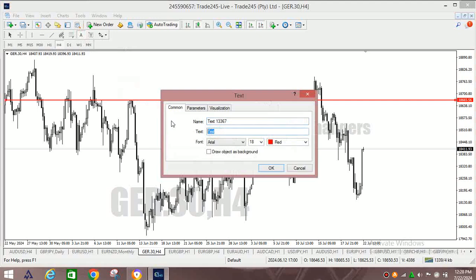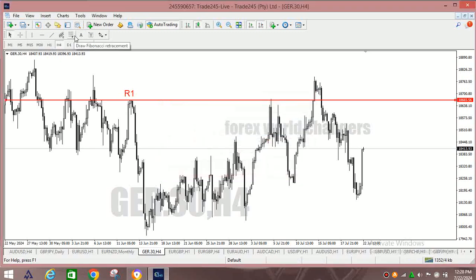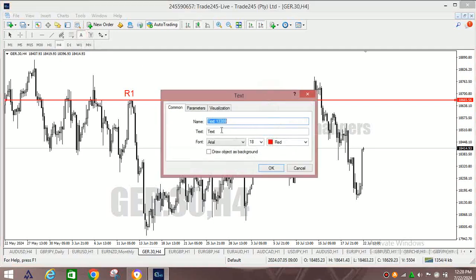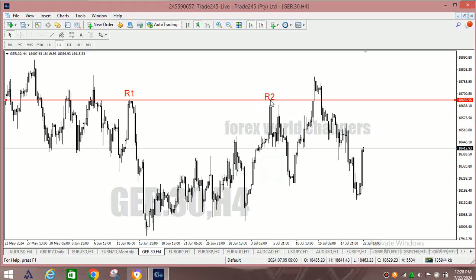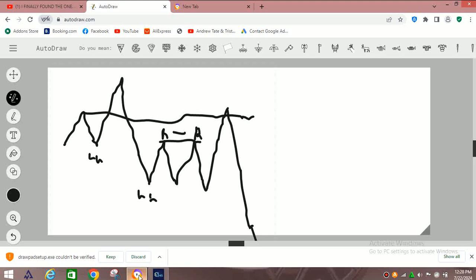Let me just draw R1, and then here R1, and then we have here R2. So already we have what we're looking for. I think this is our third box being ticked. We already see our R1, R2. So this has been taken.